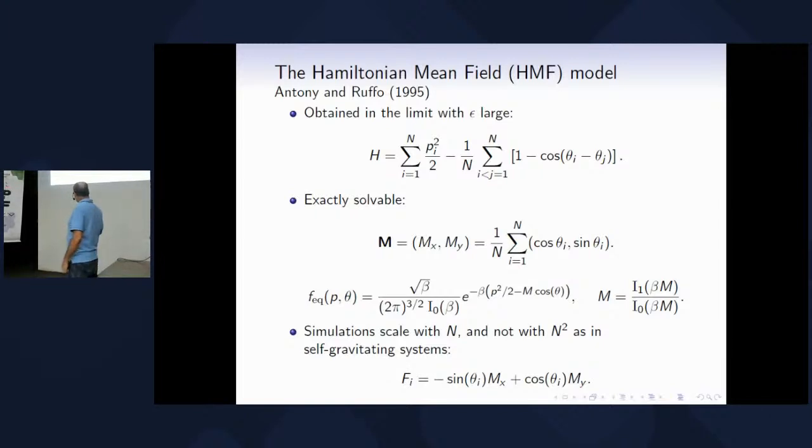But here I can compute the force simply by computing the average magnetization. The forces have this very simple expression, and then I can do computer simulations very easily that scale with n. So here, well, you can do like a million. My personal record on my computer at home is 100 million, and in a feasible time.